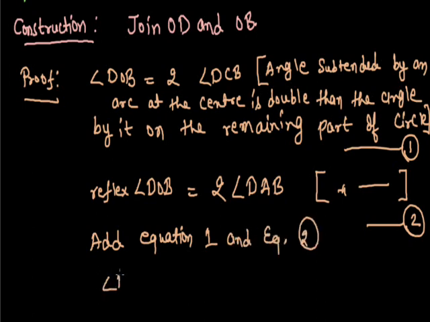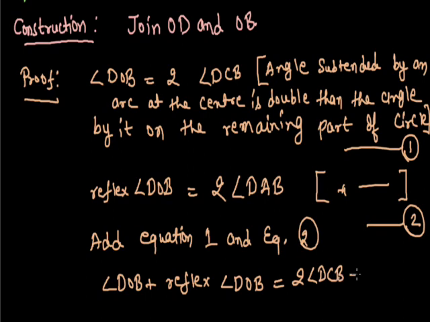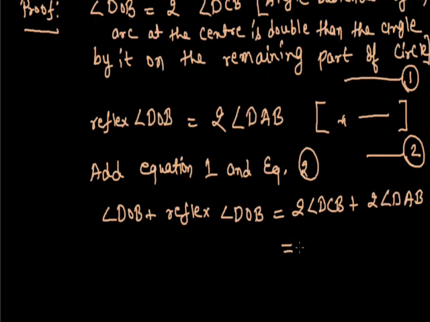So angle DOB plus reflex angle DOB is equal to twice angle DCB plus twice angle DAB. Taking 2 common, angle DOB plus reflex angle DOB is equal to 360 degrees. So 360 degrees is equal to twice of angle DCB plus angle DAB.